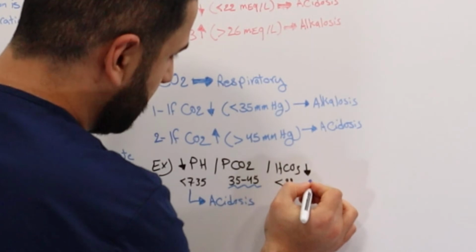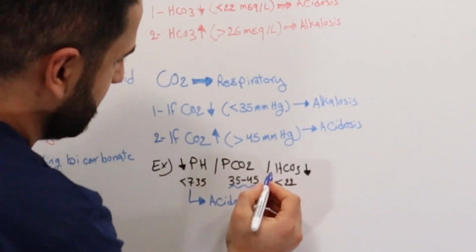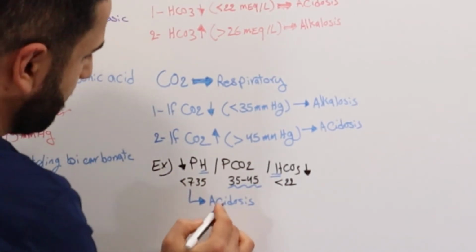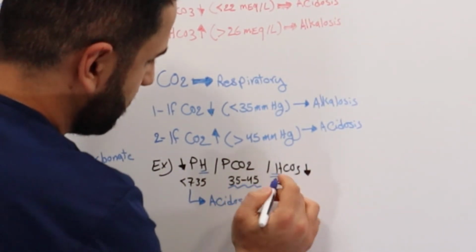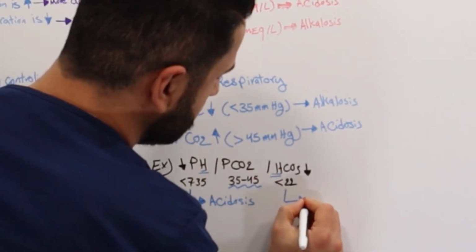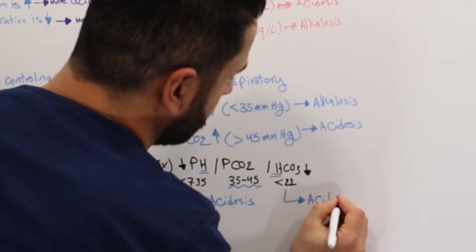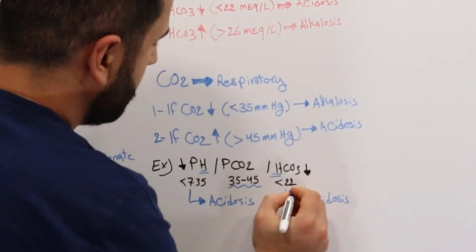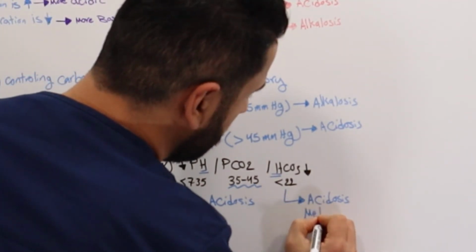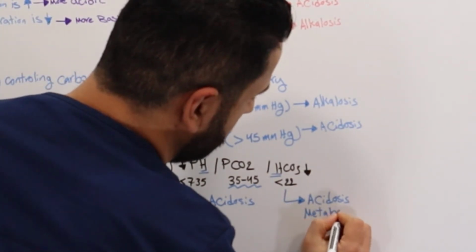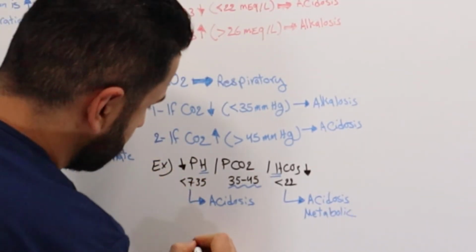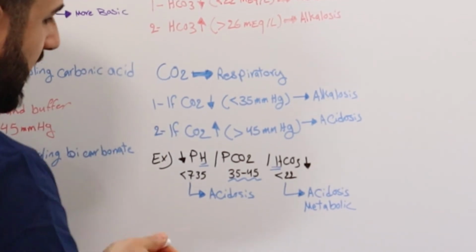Bicarbonate is decreasing, and it's the same: here we have an H, here we have an H. If this is decreasing going acidosis, then if this is decreasing it is also going acidosis. And we know this is metabolic. Therefore, the answer to this example is metabolic acidosis.